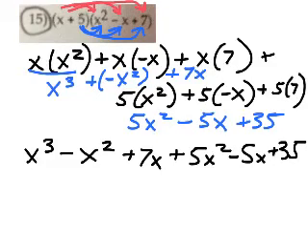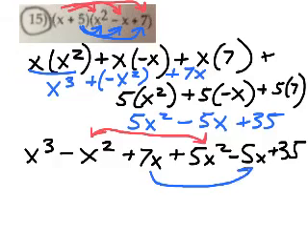Now we're going to look for the things that are the same. I've got an x squared term here and an x squared term here, and I've got an x term here and an x term here. So I'll be combining those two, and I'm just going to keep everything else, which is just added to it. I'll keep my x to the third power.